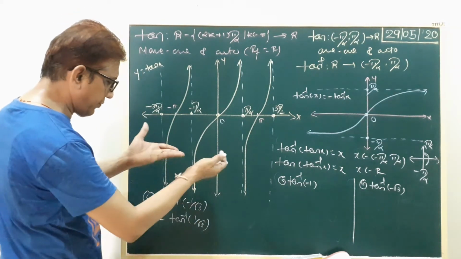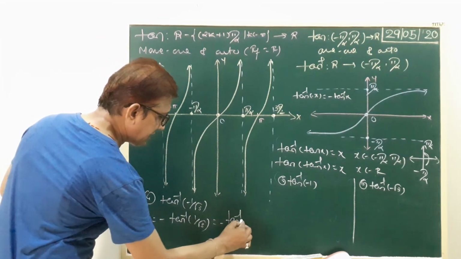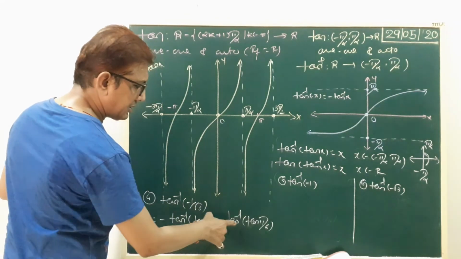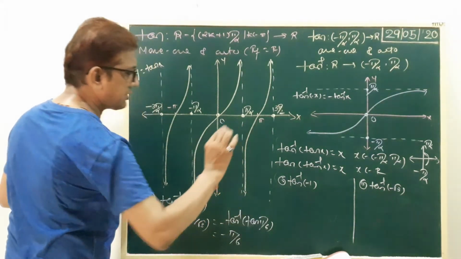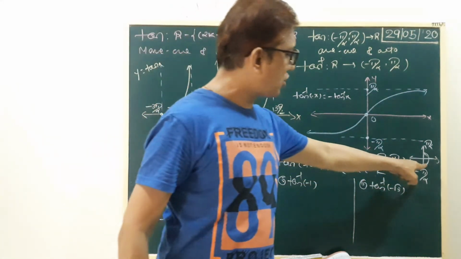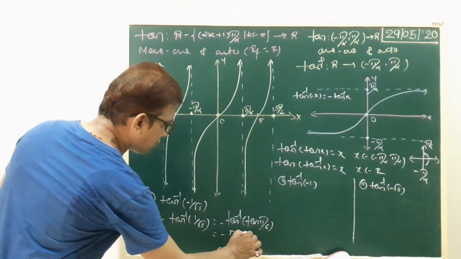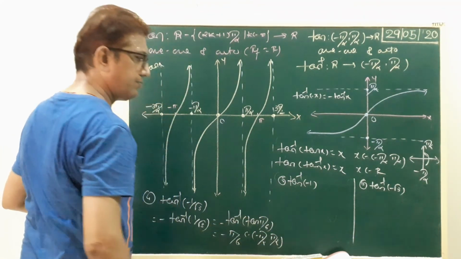Now the same calculation: first, the minus sign as it is. Tan inverse 1 by root 3, that is tan pi by 6. Tan inverse tan pi by 6, so the answer is minus pi by 6. Minus pi by 6 is in your fourth quadrant, minus 90 to 0. So it belongs to the open interval minus pi by 2 to pi by 2.